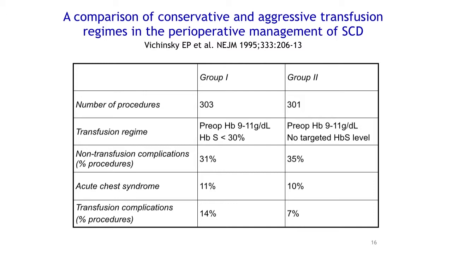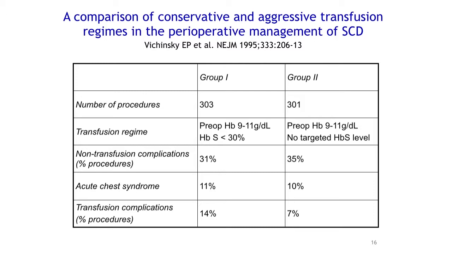So when they compared these two, they wanted to see whether there was any advantage of whichever intervention as far as the complications of the surgery and the post-operative complications related to sickle cell anemia were concerned.